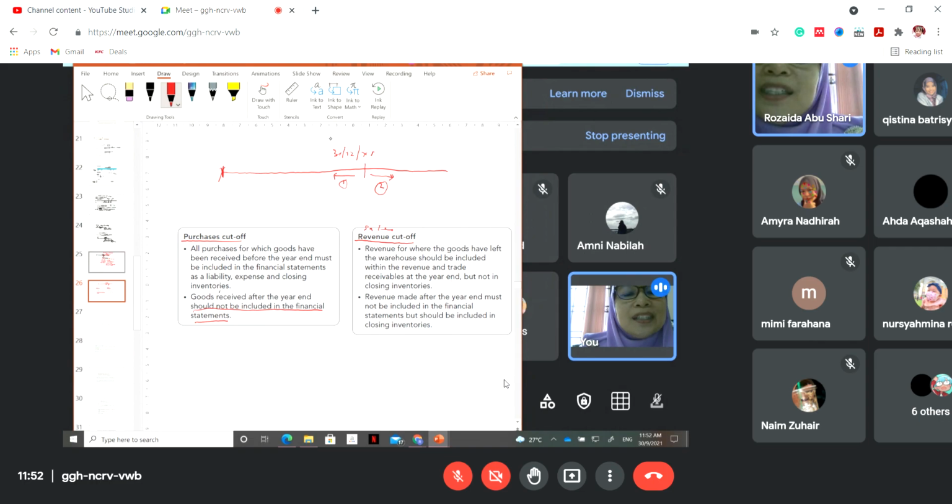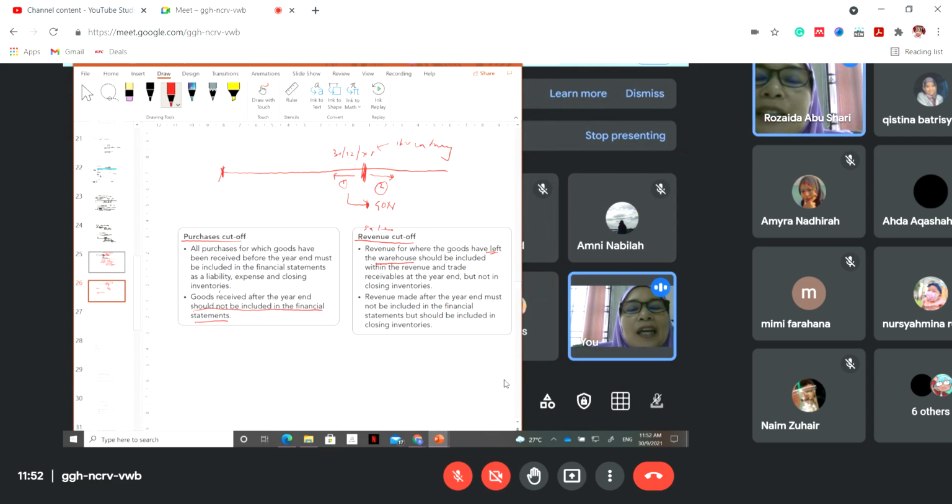Actually, situation 1. Revenue for where the goods have left the warehouse. So it has already gone out. The goods dispatch note has been raised during this period. So it says left the warehouse. It had already left when you did the inventory count. It's no longer there. It's inventory that has gone out, delivered to the customer.